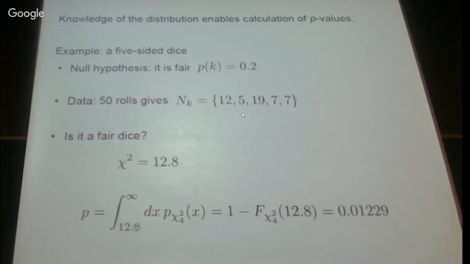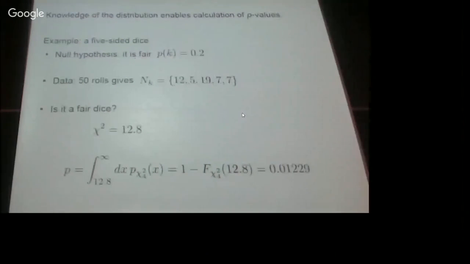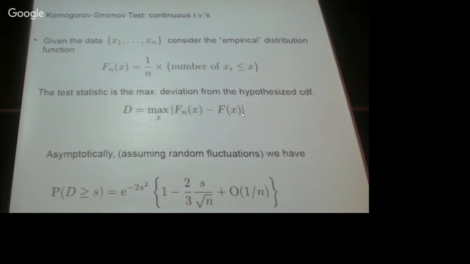And then you can just integrate this thing, again, as we did before, translate it into the CDF shown on the previous slide, and you get a low p-value, at least by my standards, indicating that most likely this is not a fair die. Again, if you're a real purist, maybe you'll say that 1% isn't low enough to refute the null hypothesis and you take more data. Okay, so that's what we discussed last time.